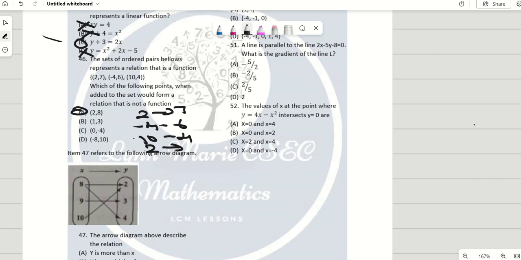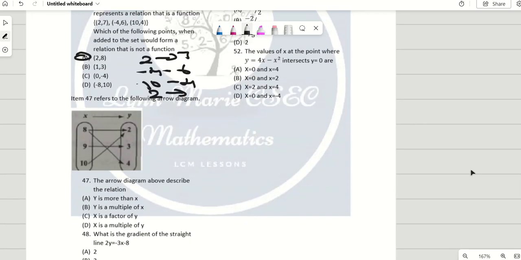Right, number 47 refers to the following arrow diagram. The arrow diagram above describes the relationship: is Y more than X? No. Y is a multiple of X. If we multiply these numbers by some number, will we get back the other? 2 multiplied by what will we get 8?